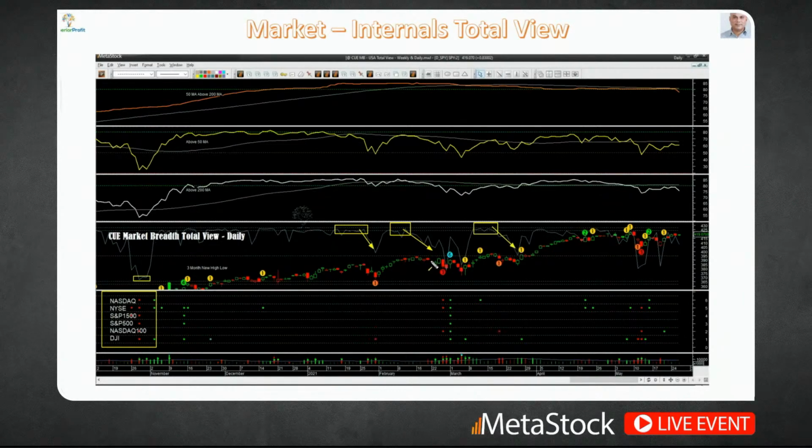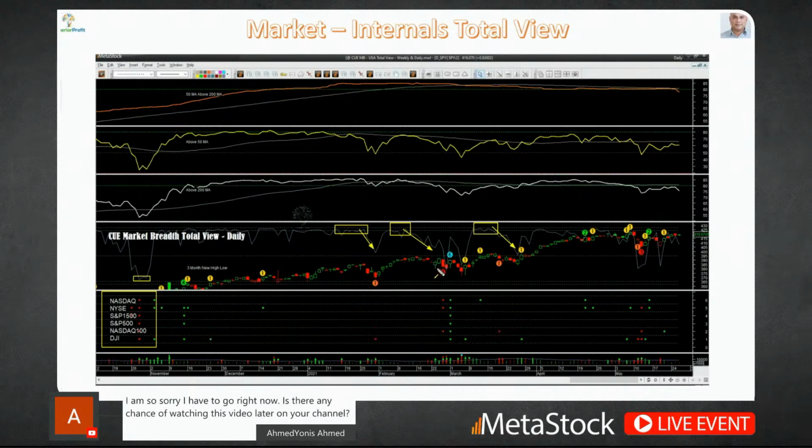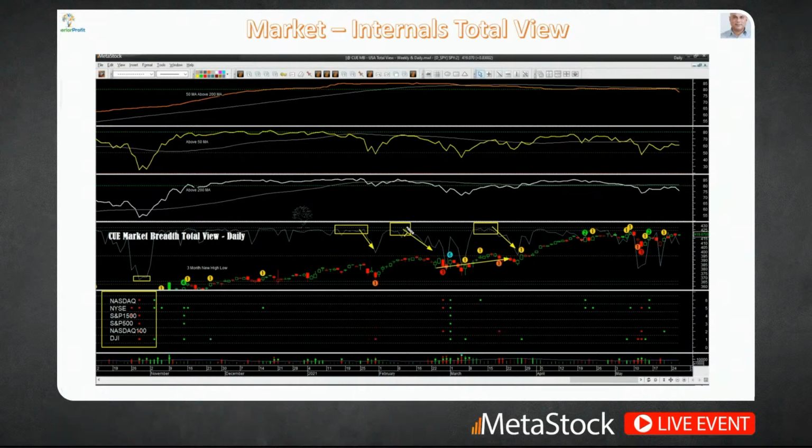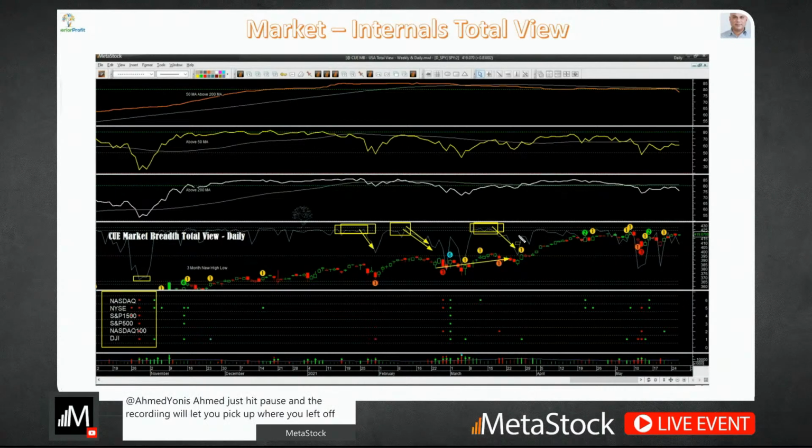The index, here we are looking at the candle chart, that is the S&P 500 ETF, SPY. The index may not drop, it may continue to go up, but you will see the 3-month new high low inevitably comes down once it hits the upper end. What does it mean? It means at least some stocks are pulling back.